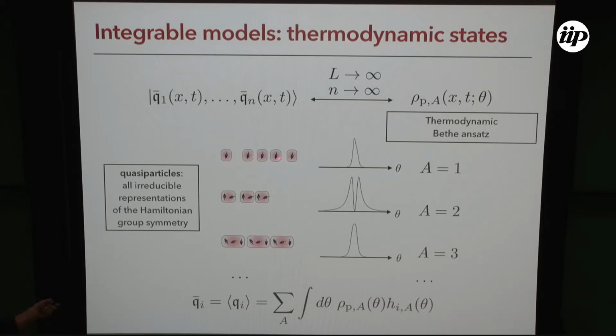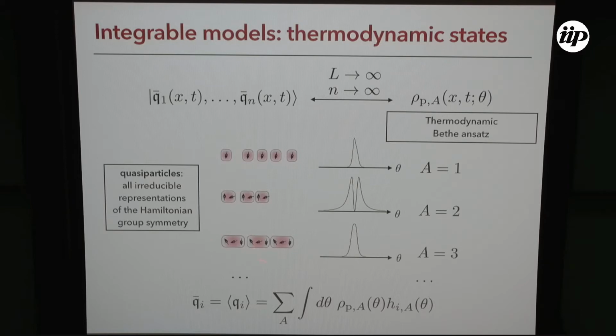Right? For example, for a spin chain, you can have just magnons or bound states of magnons of different sizes. For each of these quasi-particle types, you have a large number of quasi-particles, such that for each quasi-momentum you can associate how many quasi-particles there are, which is called the density of quasi-particles. It is specified as the density of particles of a given type at position x and time t, and for any momentum, or rapidity, theta.